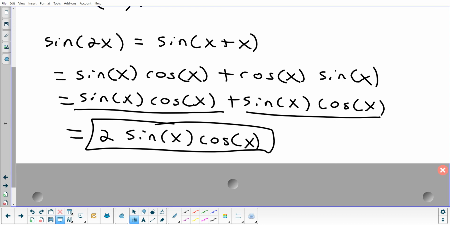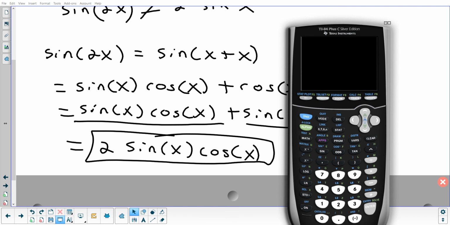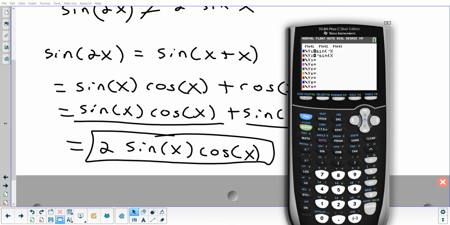And that is the formula for getting rid of a 2 inside the sine function. Sine 2x turns into 2 sine cosine. Let's graph it and see what that looks like. Okay, so here's sine 2x, and here's 2 sine cosine.